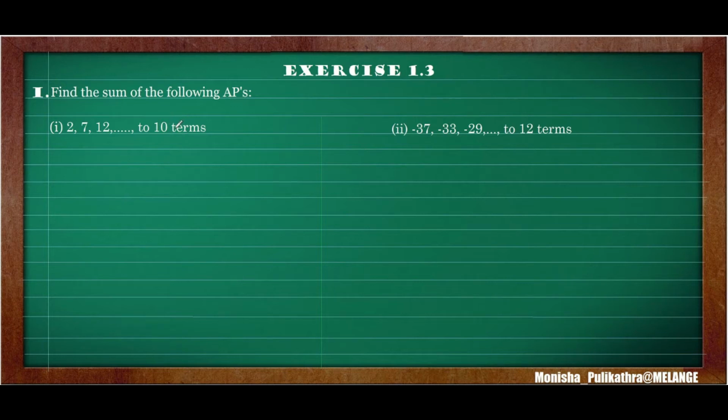If in any question they have asked up to 10 terms, then that last 10 or any other number will become N. It will not be TN.